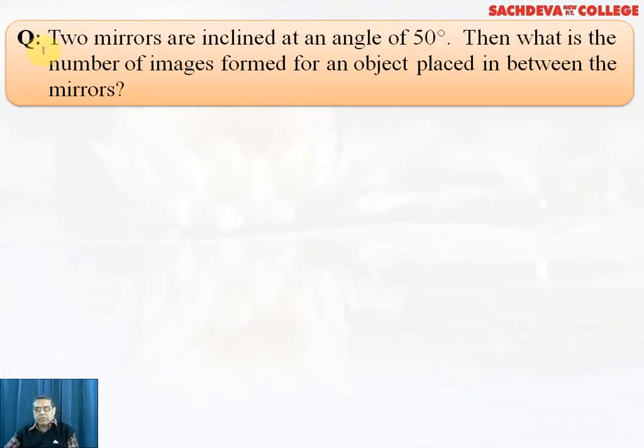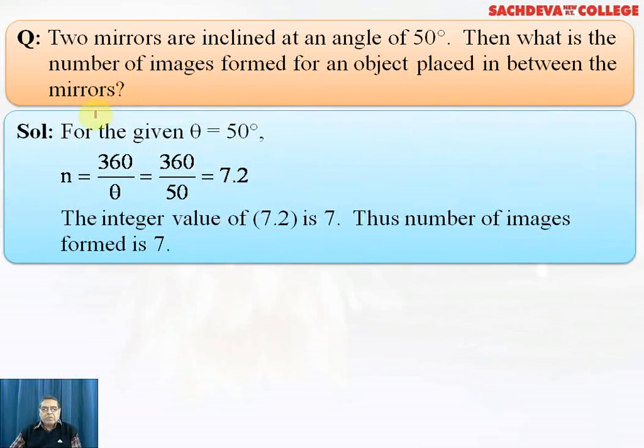Now we come to the question. Two mirrors are inclined at an angle of 50 degrees. What is the number of images formed by an object placed in between the mirrors? That is generally given by the formula 360 over theta.